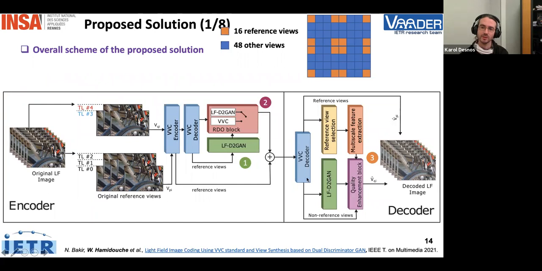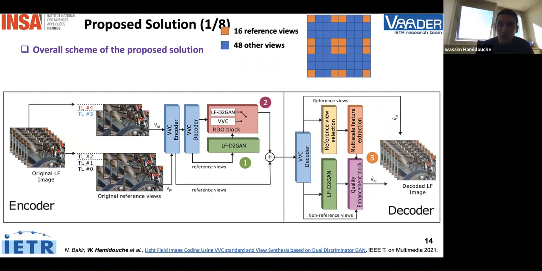The quality enhancement. Yeah, quality enhancement is only at the decoder. Okay, and wouldn't it be interesting from the bitrate point of view to do it also on the encoder side? Because if it helps you increase the quality of the image synthesized by the GAN network, then maybe you could transmit even less information and trust the GAN to do more.